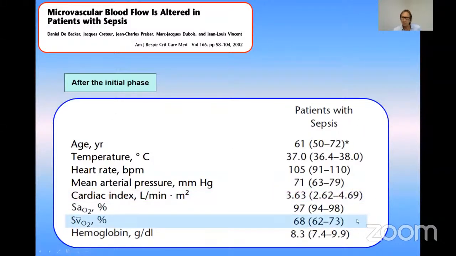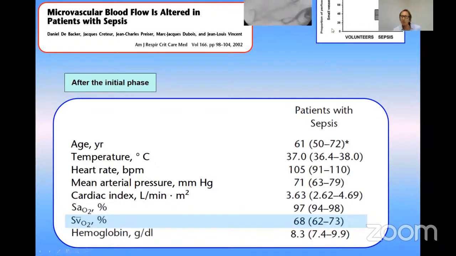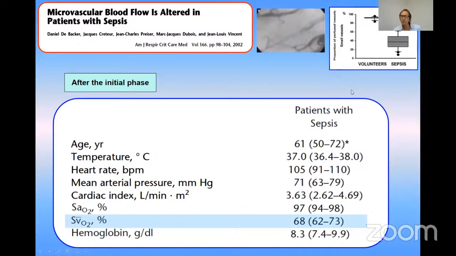And at that time, they measured microcirculation of the sublingual area, and they found that microcirculation was impaired in spite of correction of the systemic blood flow variables compared to volunteers. And this is the proportion of perfused small vessels. So in spite of normalization of systemic blood flow, still microcirculation was impaired in this study.